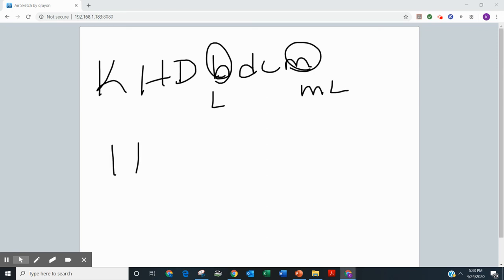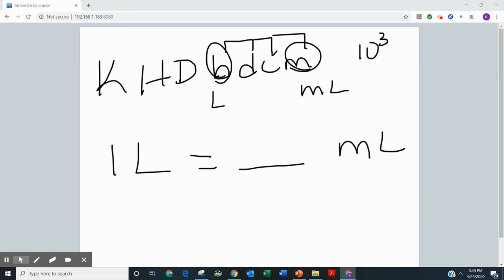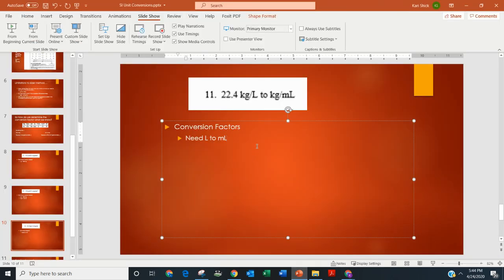So we know the large one is 1 liter. It equals some number of milliliters. Looking at factors of 10, 1, 2, 3. That's 10 to the power of 3, which is 1,000. So that's the conversion factor we're going to want to use when we do this conversion. So it's 1 liter equals 1,000 milliliters.